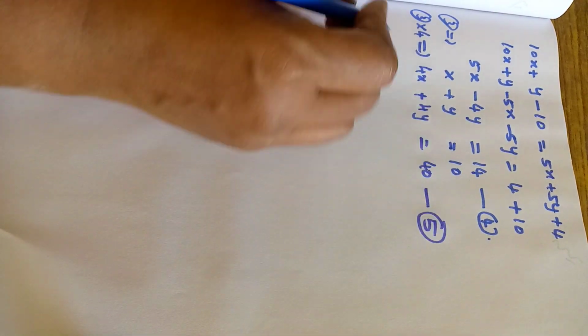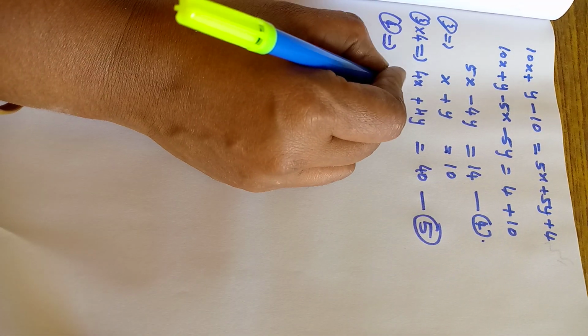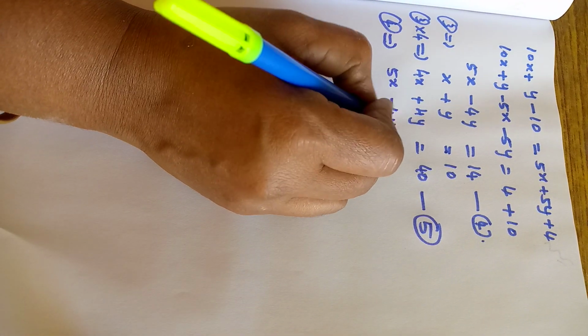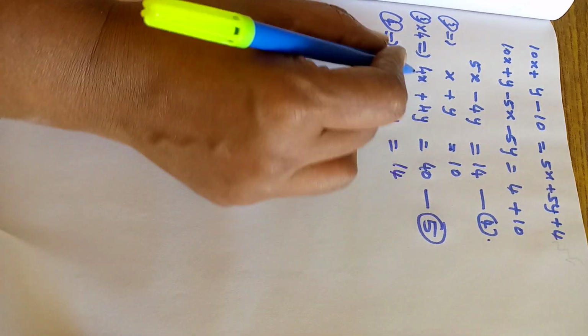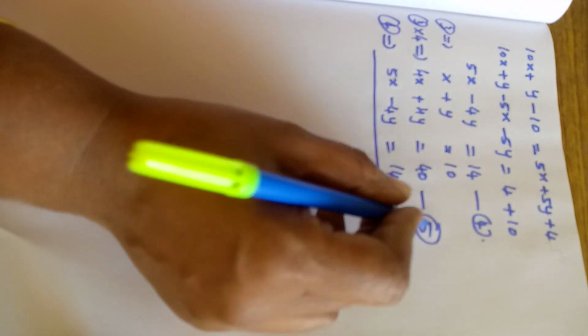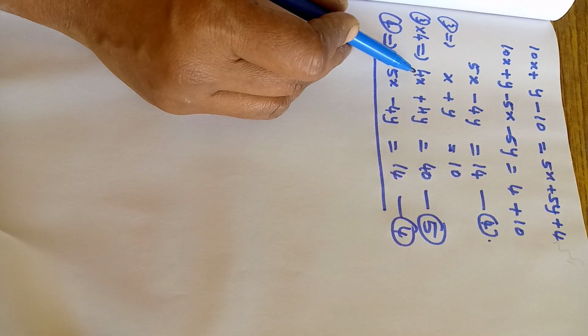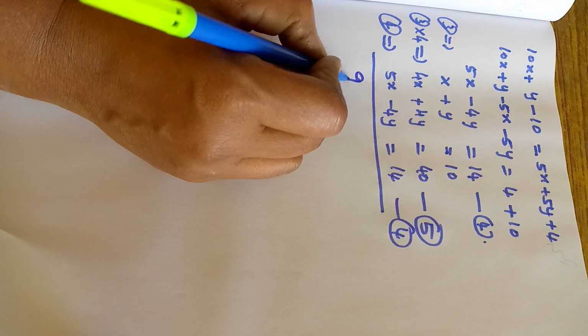Now take equation number 4 here: 5x minus 4y is equal to 14. These two equations we are going to simplify. It is equation 4. Add 5 and 4. Adding, we get 4x plus 5x, 9x.